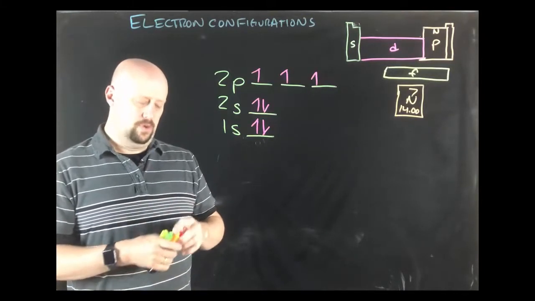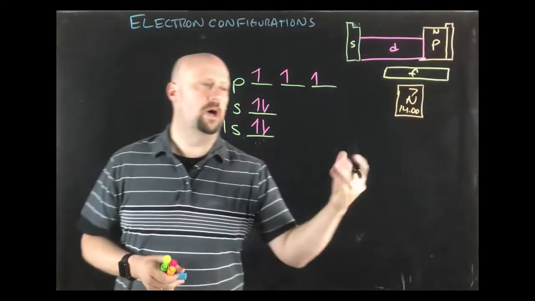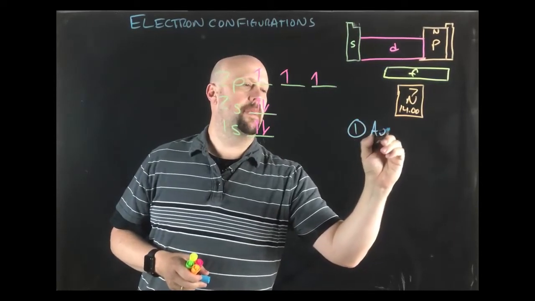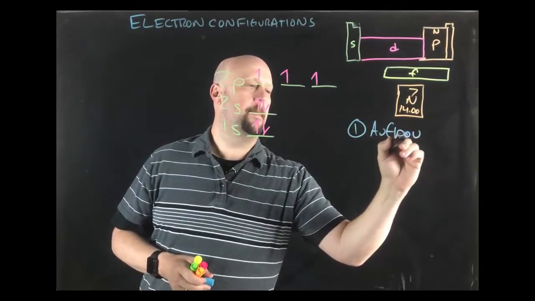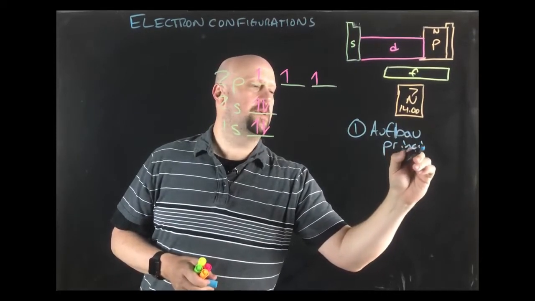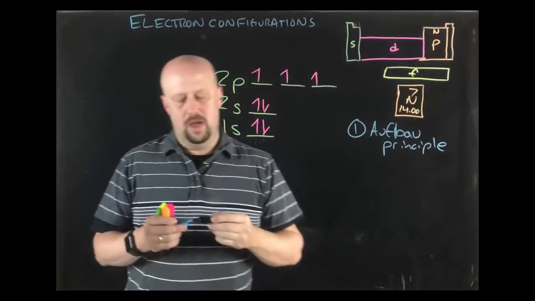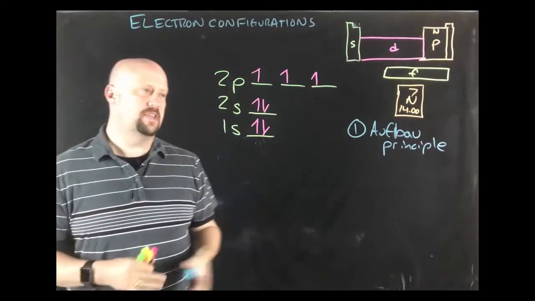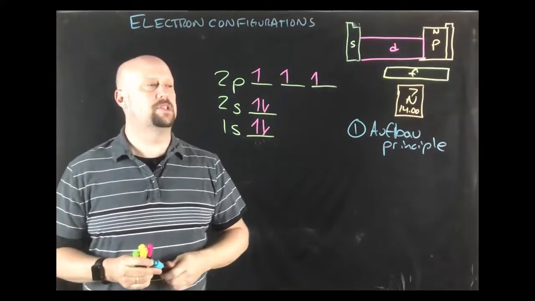So what are the rules that we're going to use for this? Well, rule number 1 is called the Aufbau principle. There's always these really important, complicated scientific definitions for them, and I'll pop those up in the video for you.